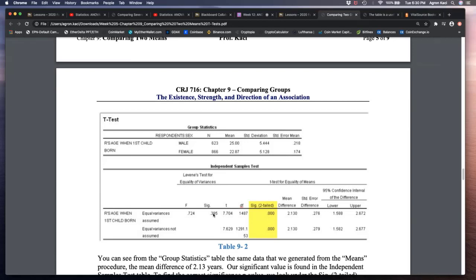So if we have a lot of evidence for this null hypothesis, we can't reject it. If we can't reject, then we do assume that variances are equal, and we look at the equal variances assumed row. If not, then variances are not assumed, and therefore we look at the bottom line.